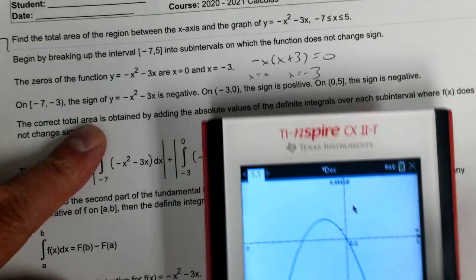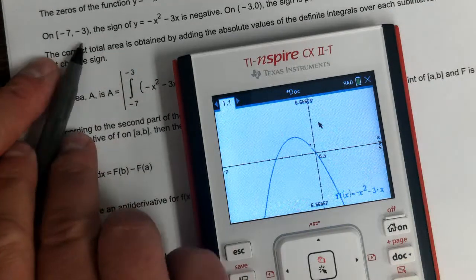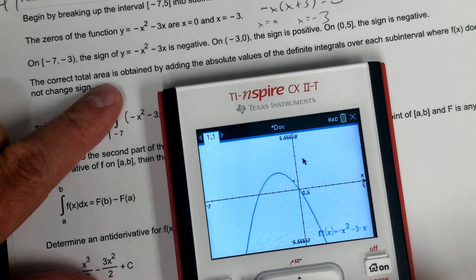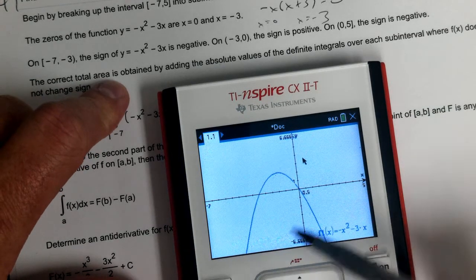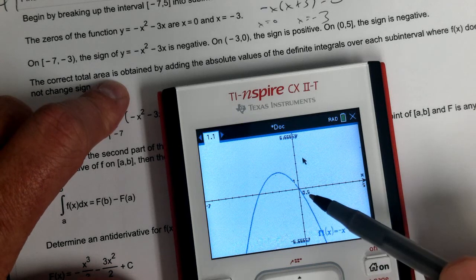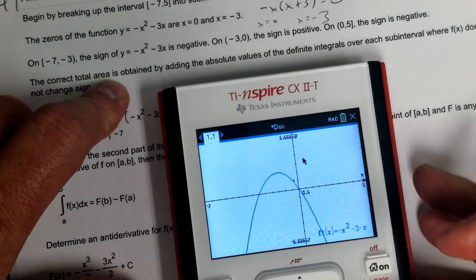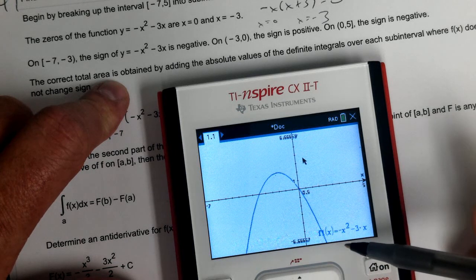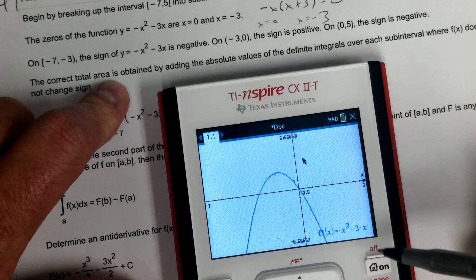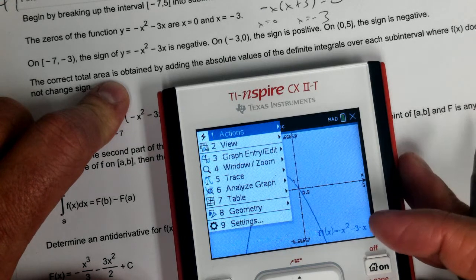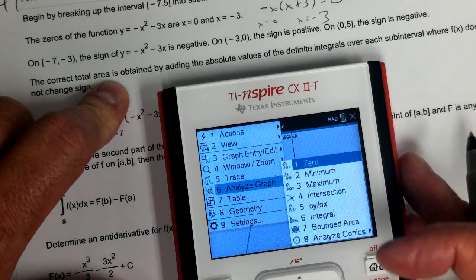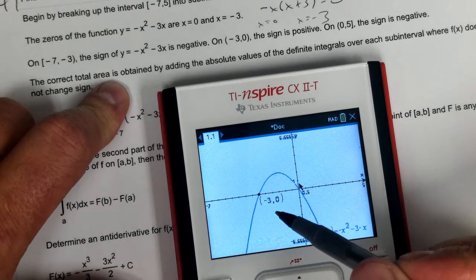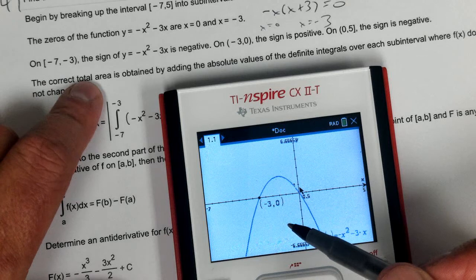So what they noticed is on negative 7 to negative 3, it's down, so the sign is negative. And on negative 3 to 0, it's positive. And then from 0 to 5, it'd be negative. So another way, just real quick, if you do your 0 of the graph between here and here, that's negative 3, 0, which is what they used.